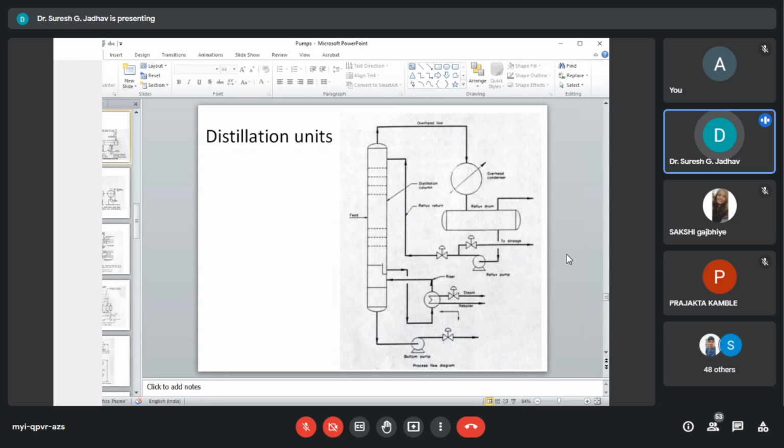Now, the reboiler circuit could be either pump or thermosyphon. The design of the pump reboiler circuit is similar to that of a reflux pump system. The bottom pump transports the liquid through a heat exchanger and returns it to the distillation column. The possible two-phase flow in the pipeline after the heaters should be studied. The reboiler could be shell or tube type, vertical or horizontal, or kettle type.